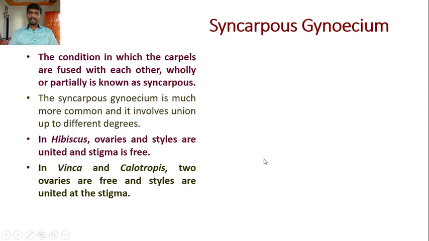In Vinca and Calotropis, 2 ovaries are free and styles are united at the stigma.